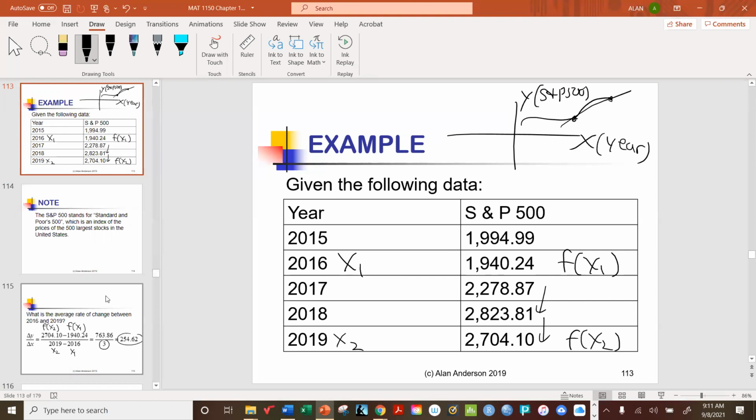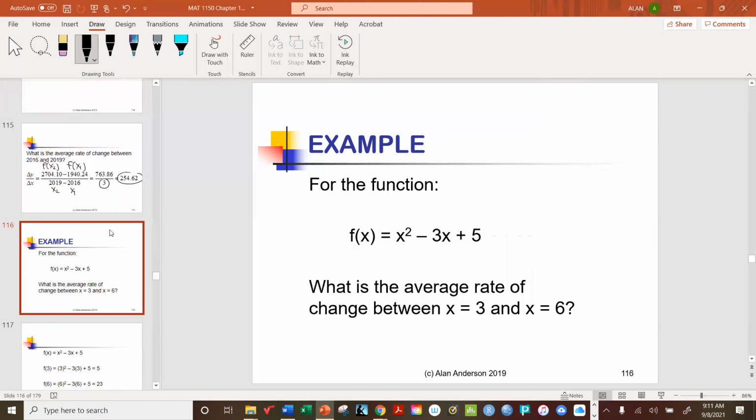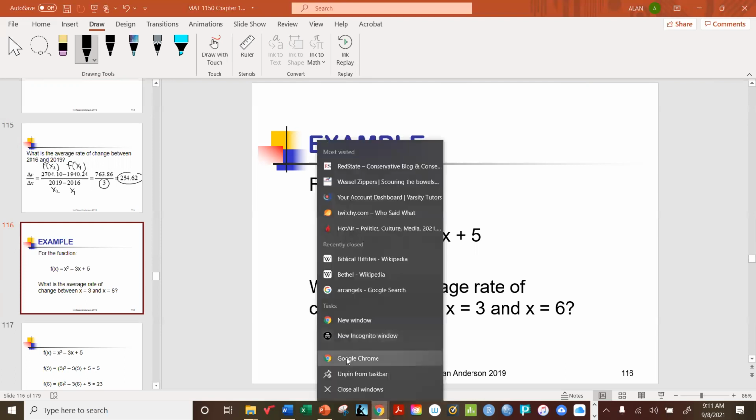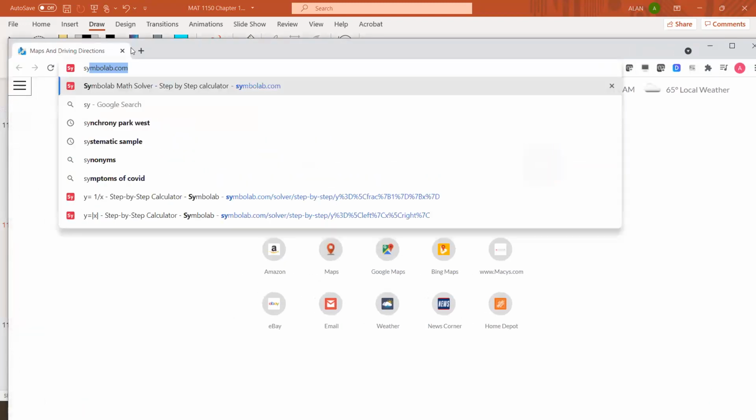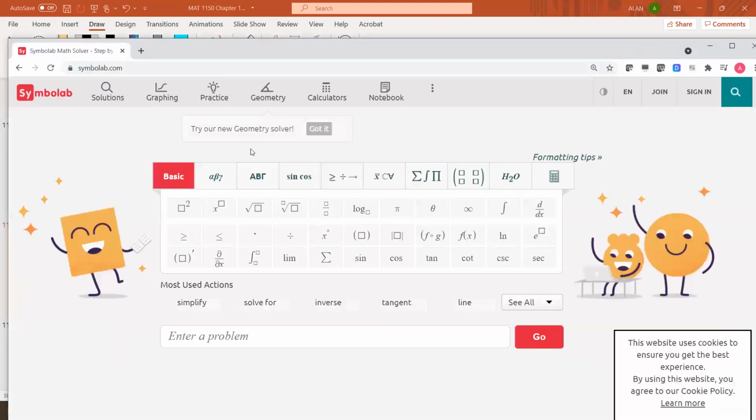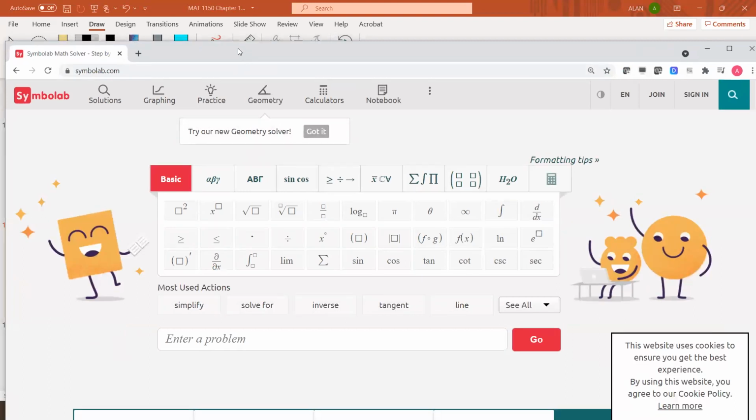If we do have a function, though, that does make things a little bit simpler. Like here, we'd like to know the average change of this function between the values 3 and 6. Now, in order to get a better view of what we're doing here, why don't we switch to our favorite website, Symbolab, which is a very useful website that helps you graph functions and also in some cases solve for them.